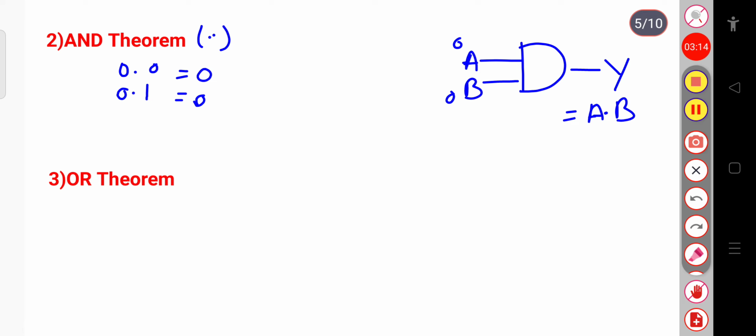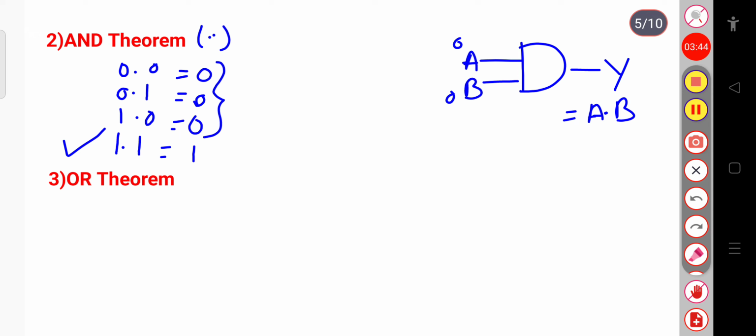If I give 1 to input terminal A and 0 to terminal B, then also you get 0. If I give both terminals high, then you get 1. So in the AND operation, when both terminals are in the on state, that is the high state, then you get the output. Otherwise you will not get any output.